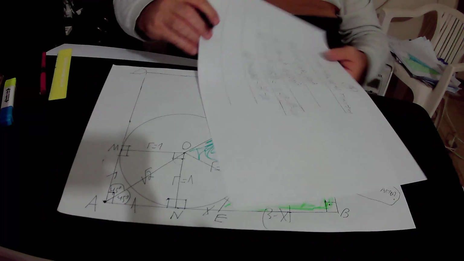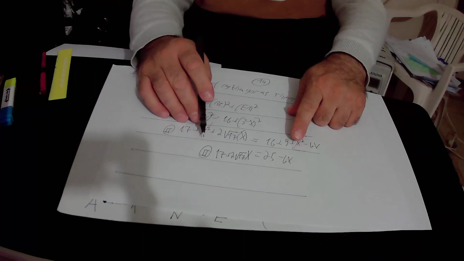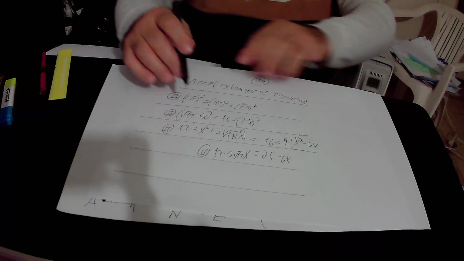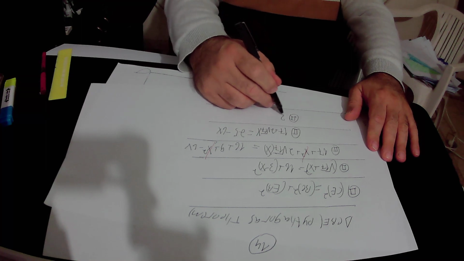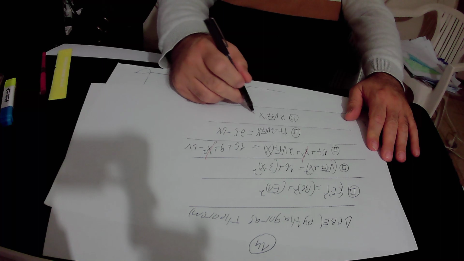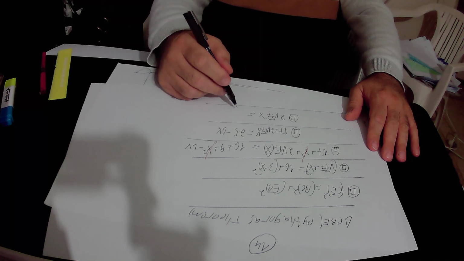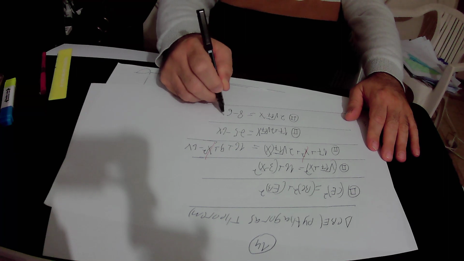Here we will subtract 17 from this equation, and we will get that 17 minus 17 is 0, so what is left is only 2 times square root of 17 x, and it equals 25 minus 17, which is 8, minus 6x.